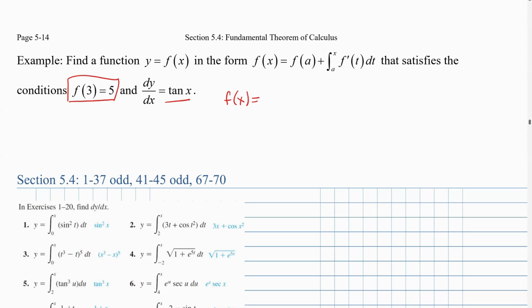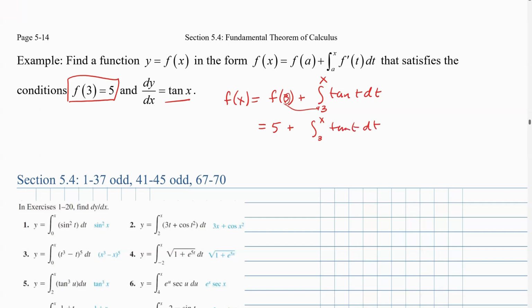Sure, f of x is equal to f of 3 plus the integral. Remember, there's a 3 here, so that 3 is going to go there. 3 to x of tangent of t dt, or 5 plus the integral from 3 to x of tangent t dt.